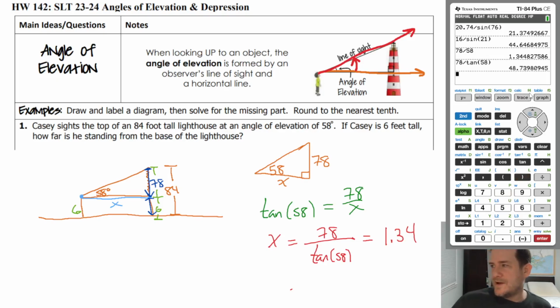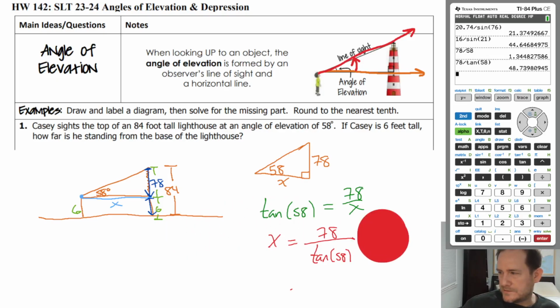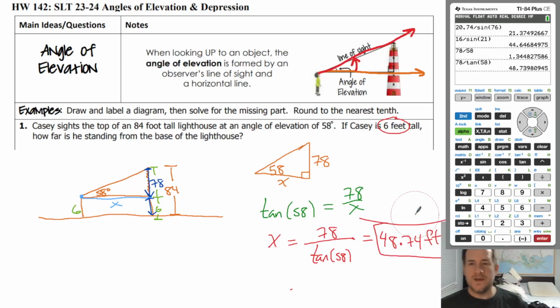That's much better: 48.74. And if Casey is 6 feet tall, then these must also be feet. And that's it for Casey.